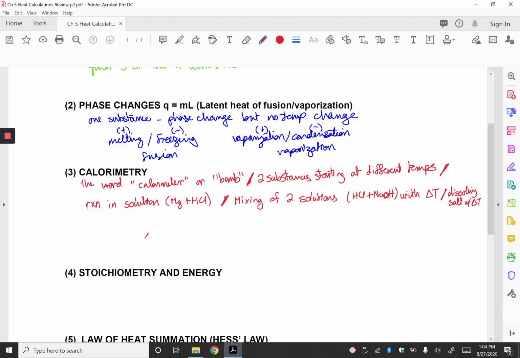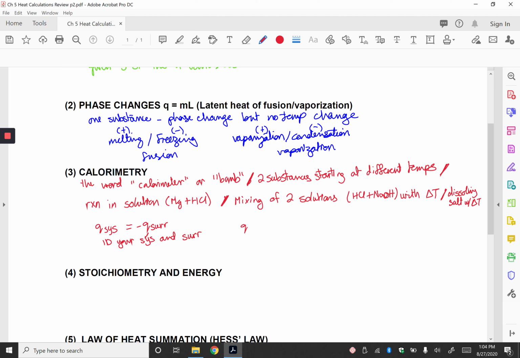And what do you do when you use calorimetry? You say Q of system equals negative Q of surroundings. Then you ID your system and surroundings. And then you either split up one side or both sides.